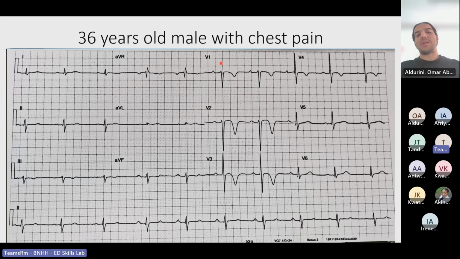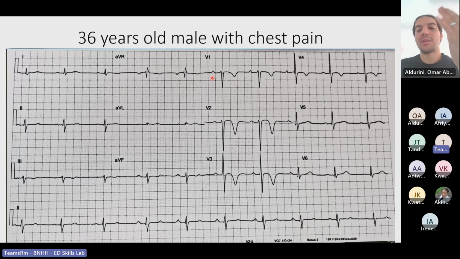And from earlier, someone can ask me, you said earlier that V1 and aVR can have an inverted T wave. So why in this patient did we consider the T wave inversion a sign of ischemia? Because if you recall, I said earlier that V1 and aVR can have an inverted T wave, but it should be isolated without any other leads having the same change.